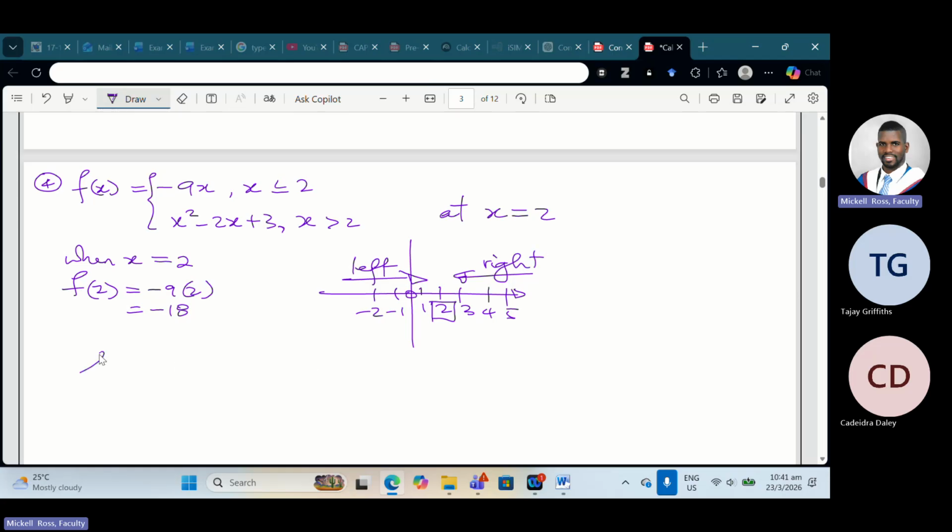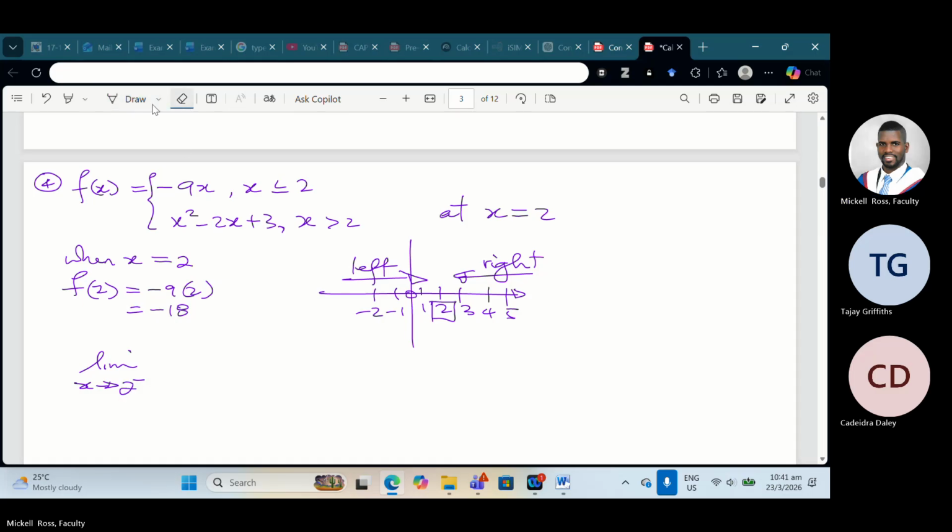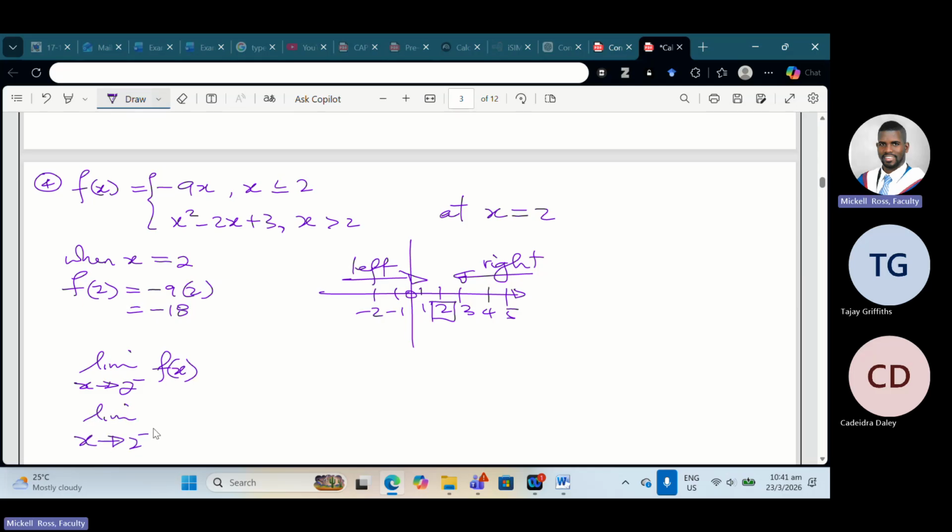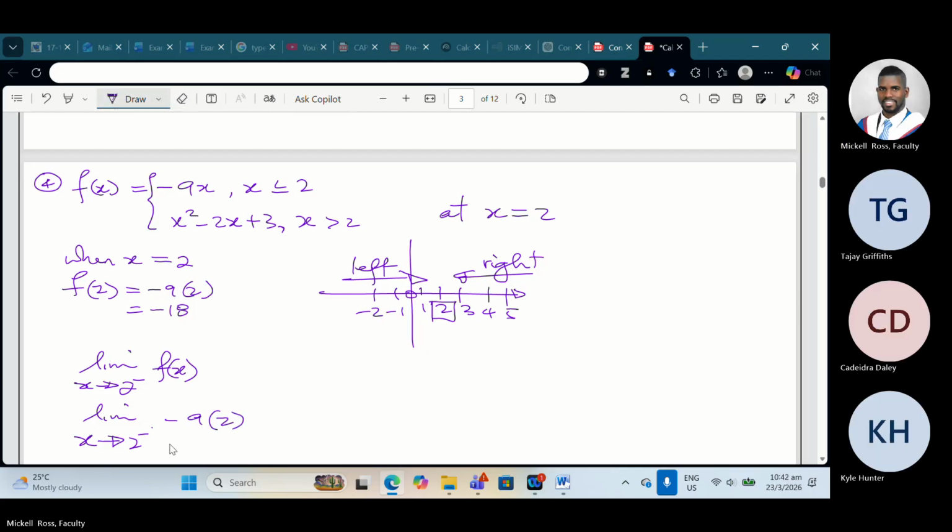So the limit as x approaches 2 from the left-hand side of f of x: from the left-hand side, it's going to be numbers that are less than 2. So we're going to use negative 9 times 2, which is equal to negative 18.